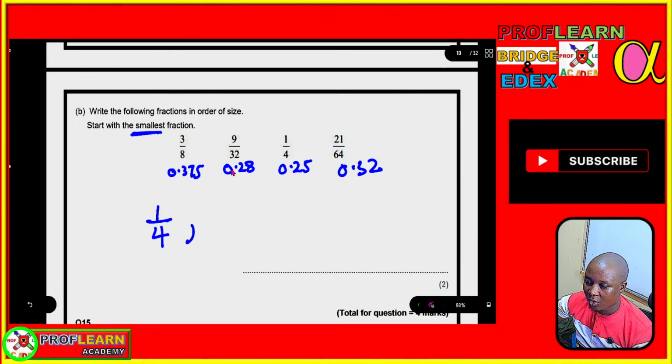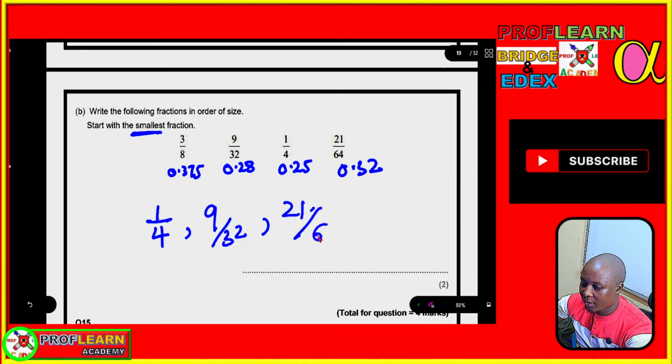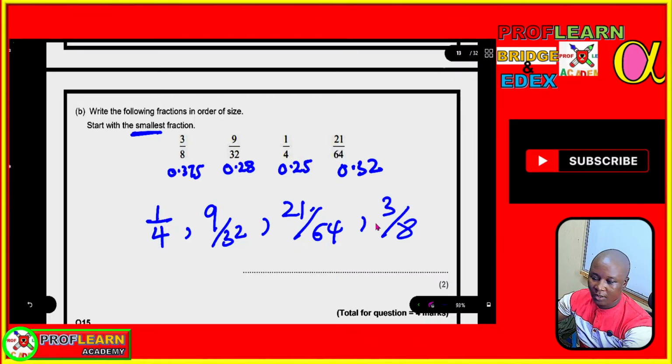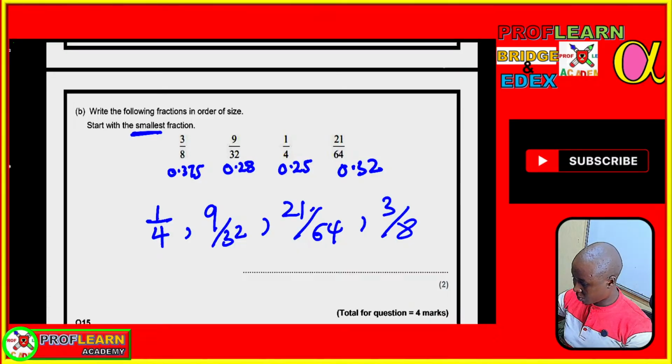Then you move to 0.28, which is 9/32. Then we shall move to 21/64, and then we shall have 3/8 as the largest fraction in that case. So that is what you are supposed to do.